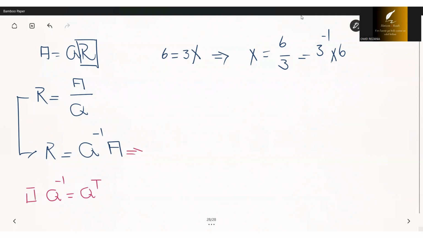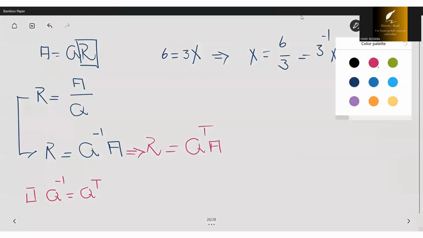Then as a result, the matrix R, which is going to be the upper triangular matrix, becomes exactly the inverse of Q times the given matrix A, which is so important.